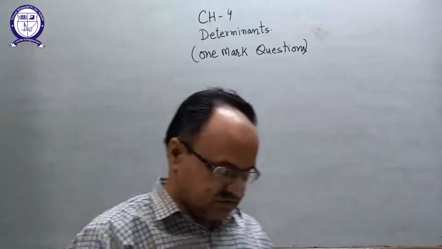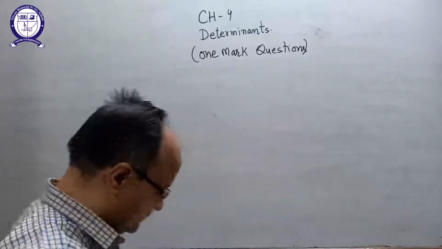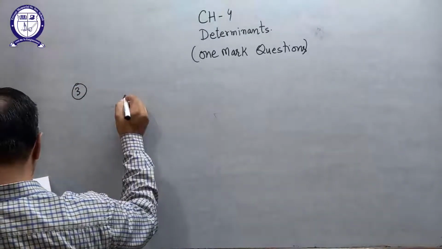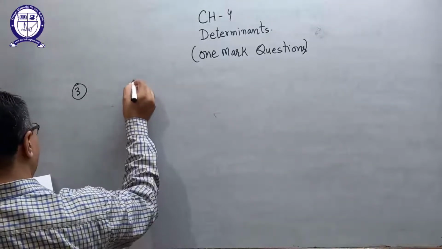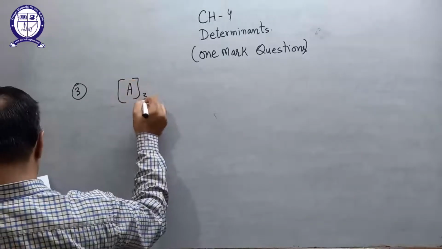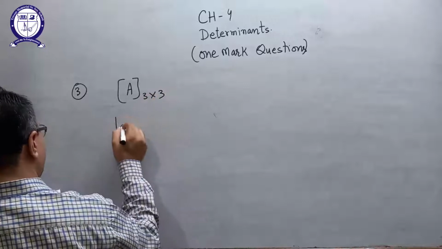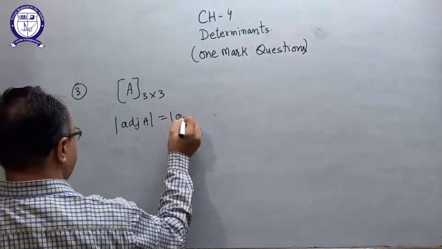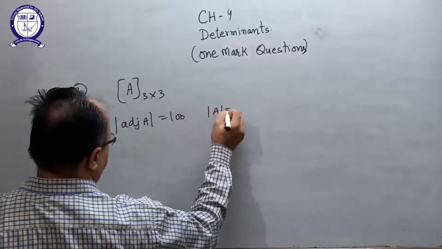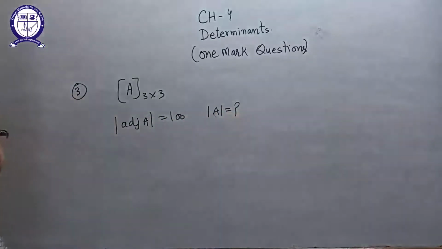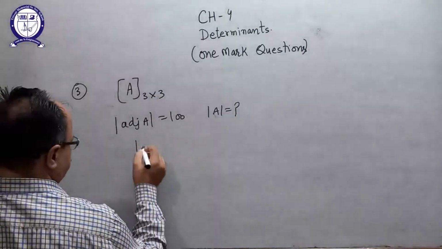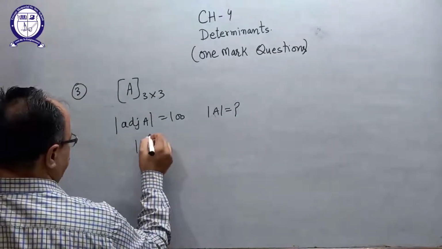Next, third question. If A is a square matrix of order 3 cross 3 and determinant of adjoint of A is equal to 100, then find determinant of A. You know very well about this formula from the previous question, determinant of A to the power n minus 1.